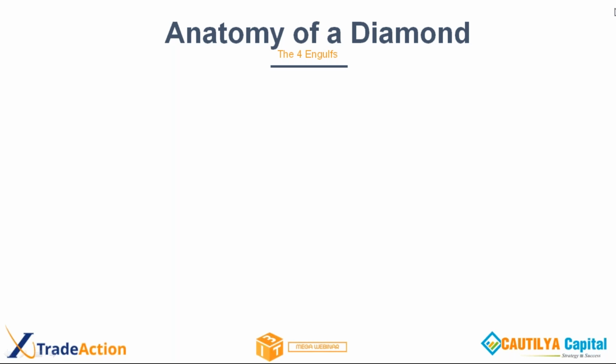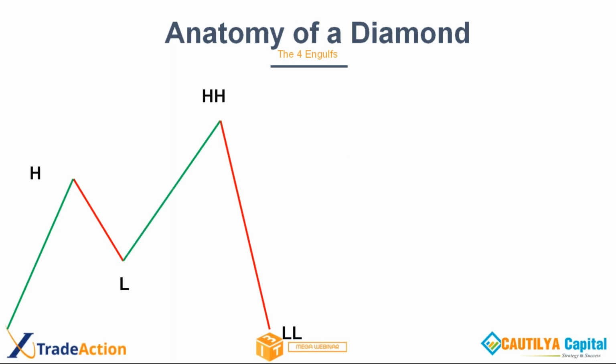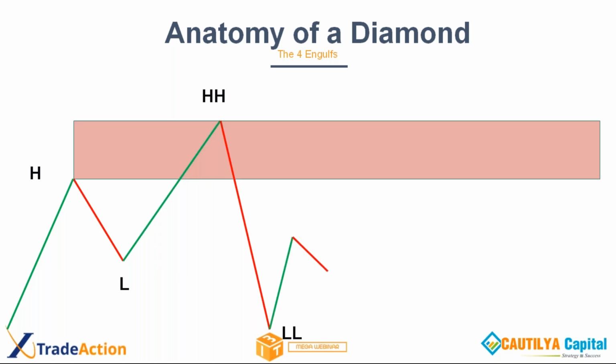Great. The next pattern is called diamond, which has four engulfs, and let's see how the four engulfs are emerging. You form a high, you form a low, and form a higher high, form a lower low. So what has formed now? A QM is formed. Now that is called the QM level.